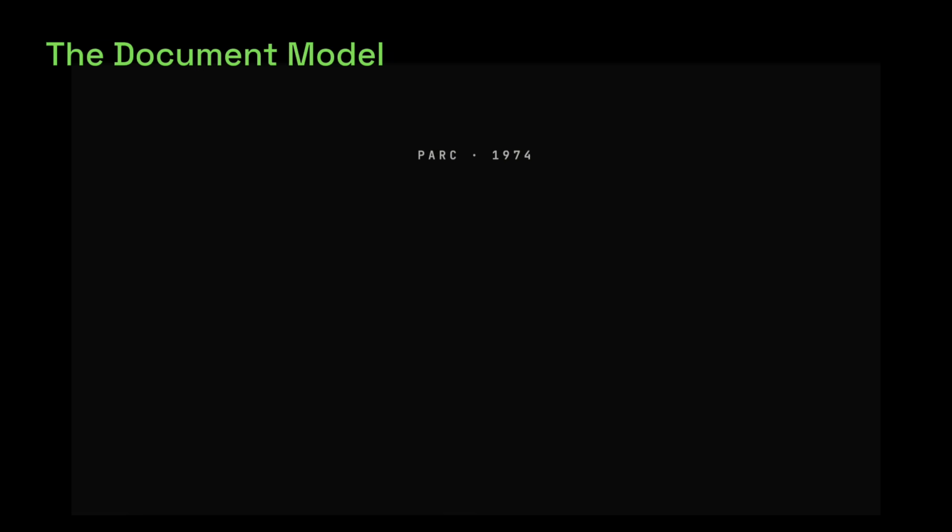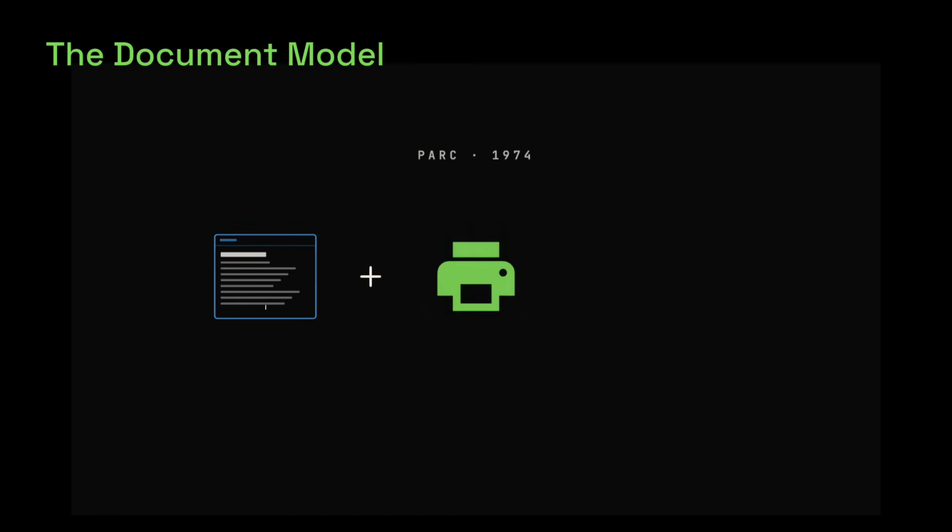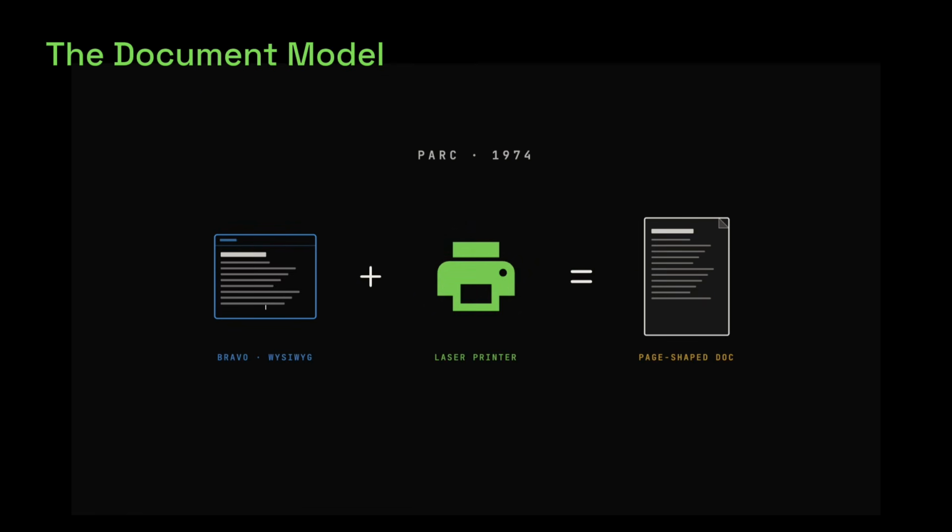What propagated forward was not the Alto screen, but the document it had hosted. The early days of personal computing were all about documents. PARC built the first WYSIWYG editor, Bravo, and it was paired with the first laser printer. Together they defined the page-shaped editable document destined for paper.